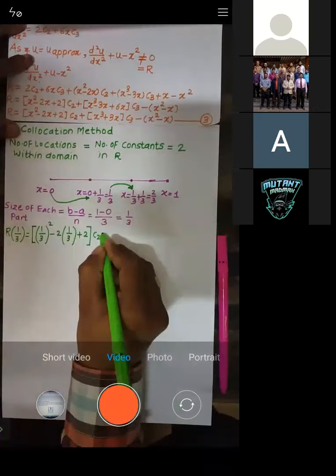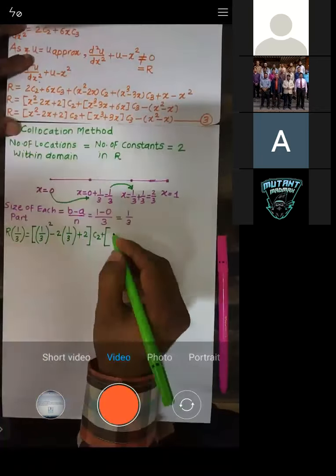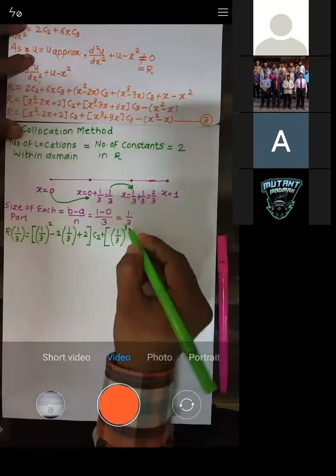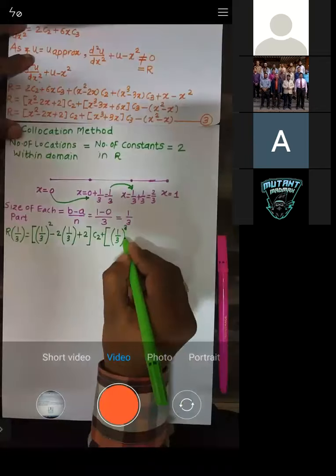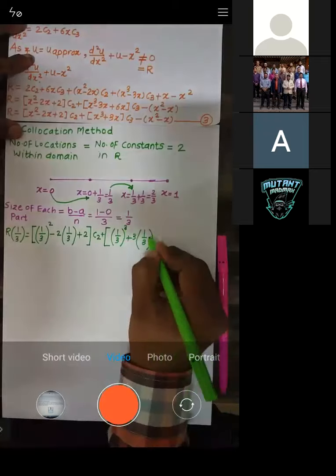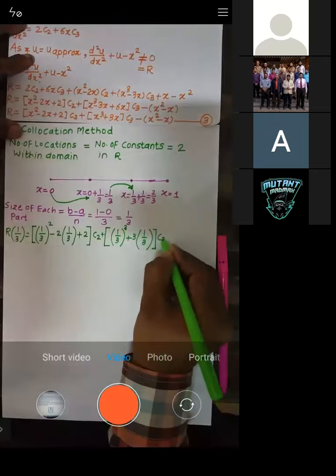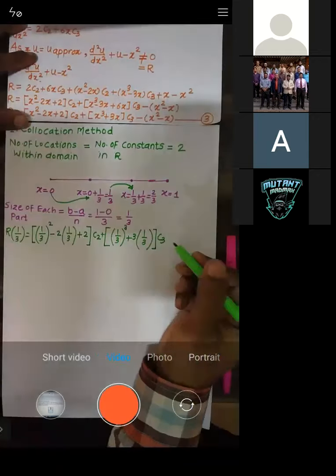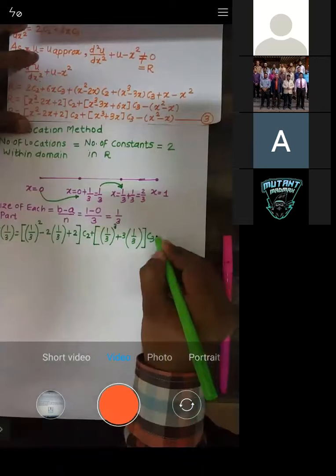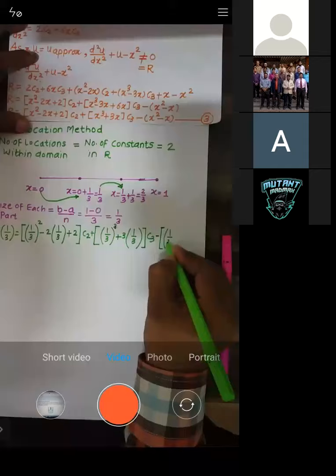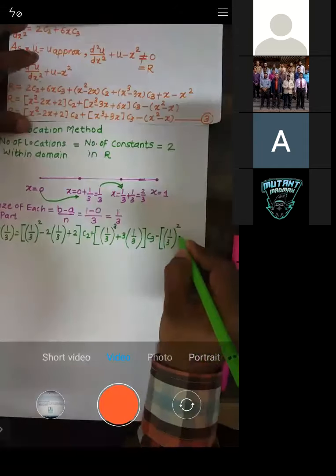plus x cube, that is 1 by 3 cube, plus 3 into x, x is 1 by 3, bracket complete, C3, minus x is 1 by 3 square, minus x is again 1 by 3.